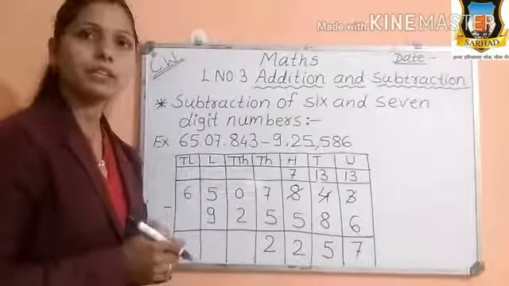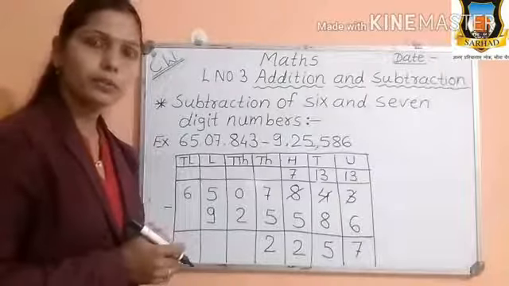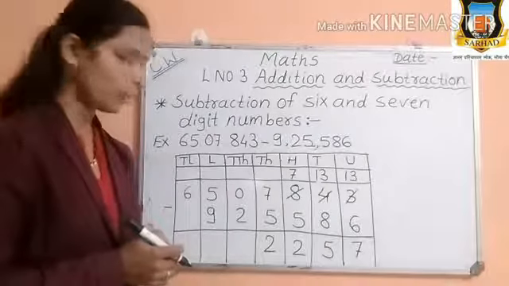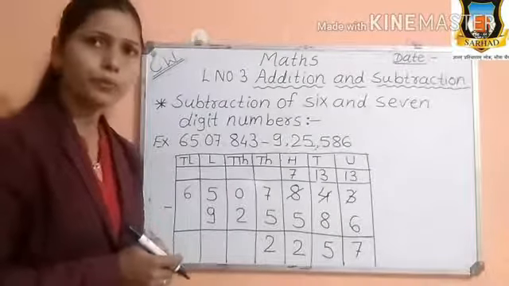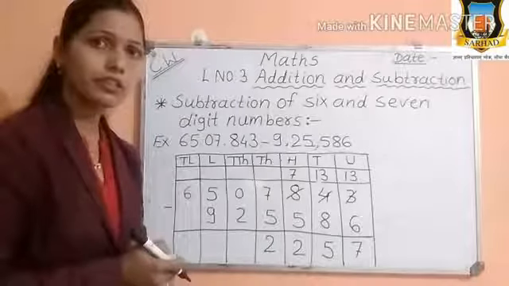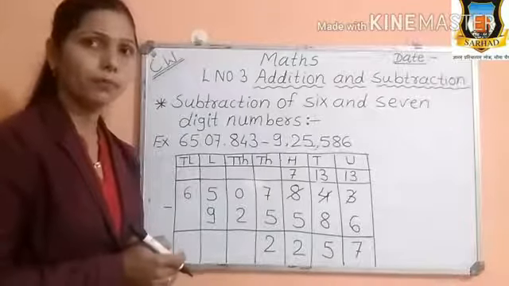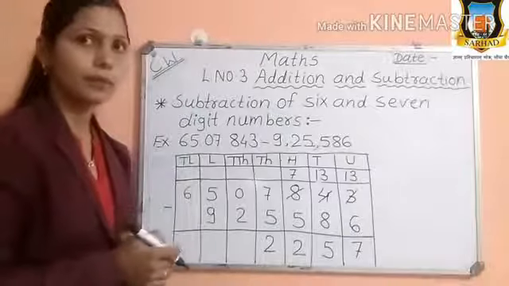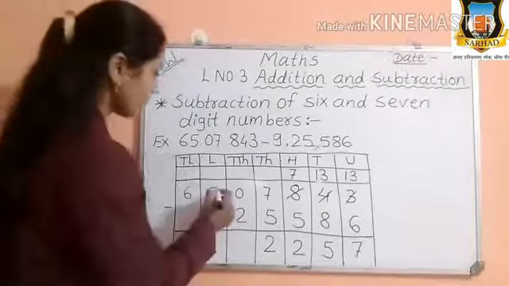0 minus 2. Is it possible to subtract 2 from 0? No. So we should take one borrow from the next number.